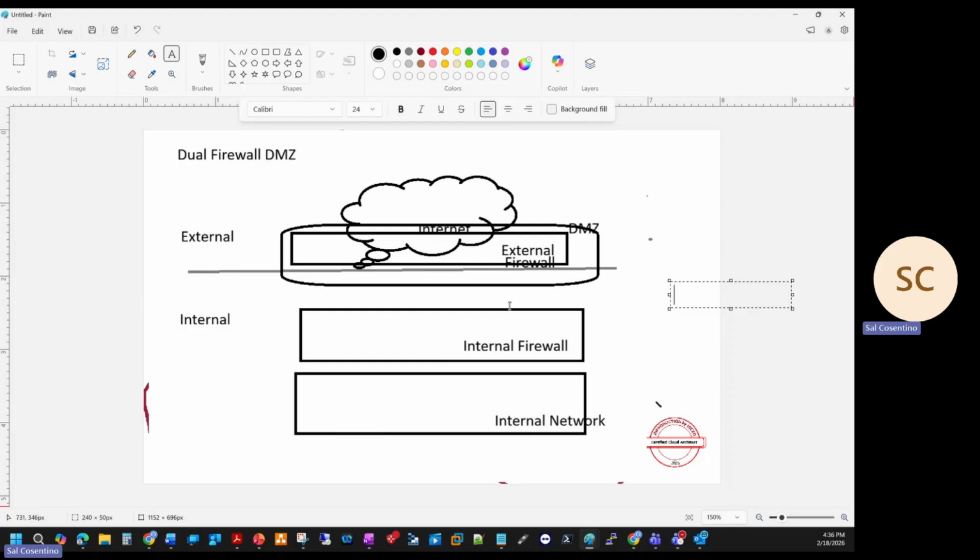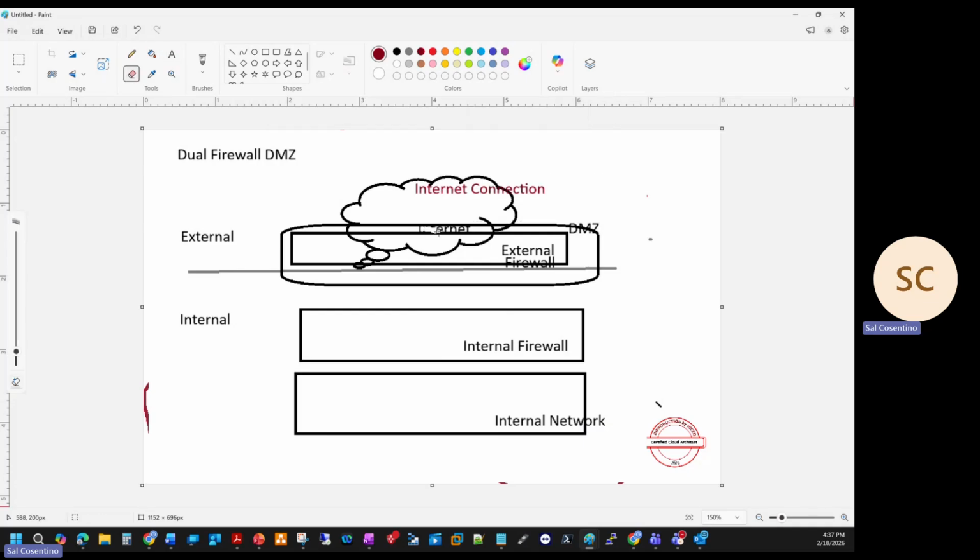When we look at the edge of the network, we're looking at it as a stateful device, watching what it does and what we're doing, and that keeps the bad guys out. So think of it as that. And this is an internet connection.